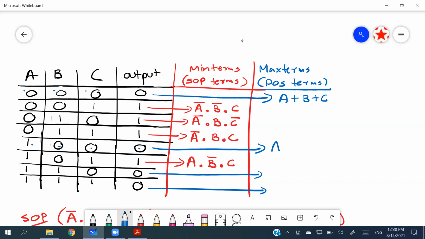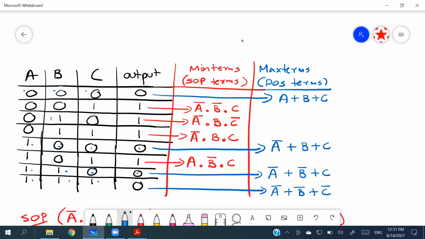So we are writing it like A bar plus B plus C, because 1 indicates the complemented state. And this 0, it has 1, 1, 0. That means A bar plus B bar plus C. And the other one contains 1, 1, 1. So it gives A bar plus B bar plus C bar.